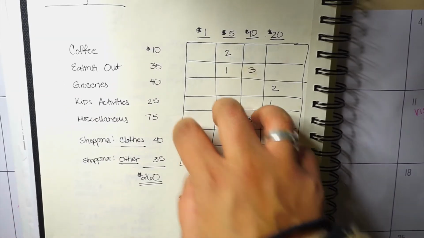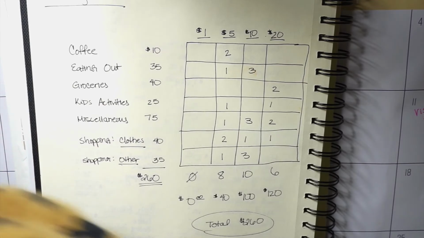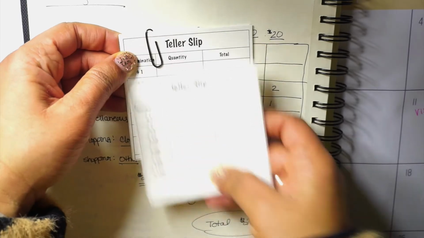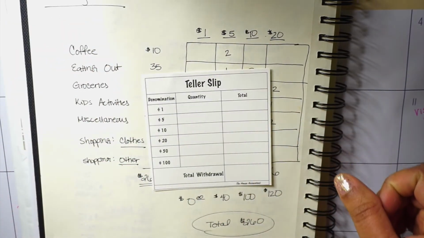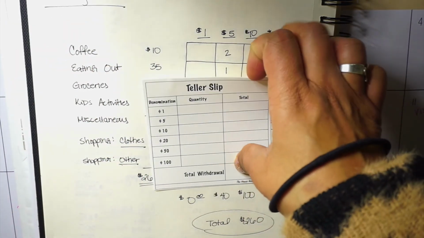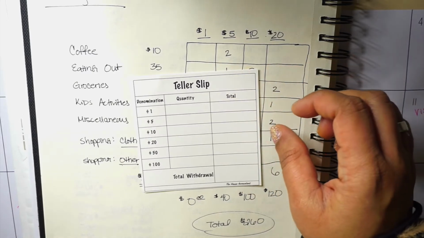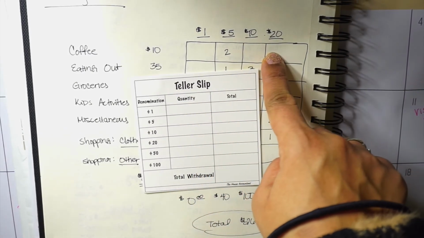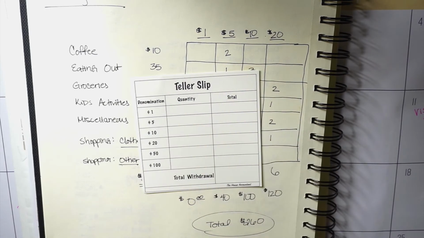Once I have this, I created my own teller slips, and once I have my table filled out, I basically copy the denominations. I'm trying to find a pen here.